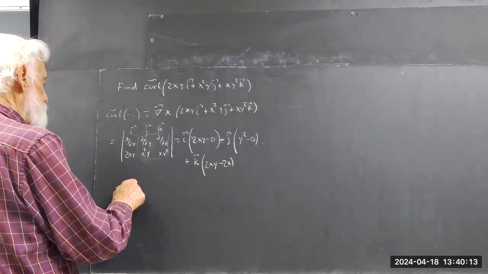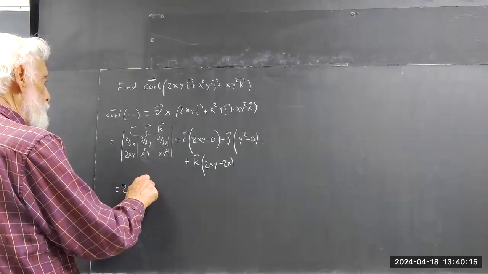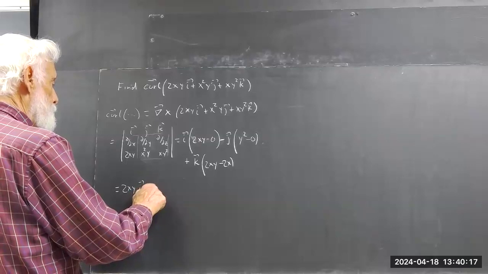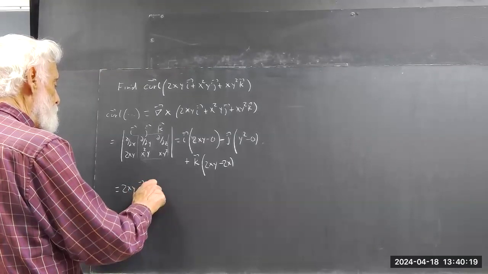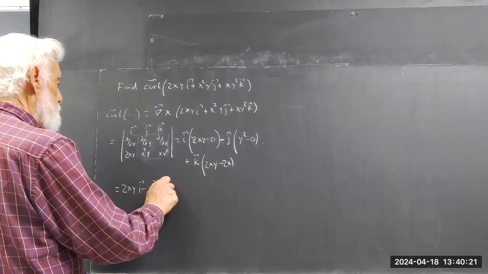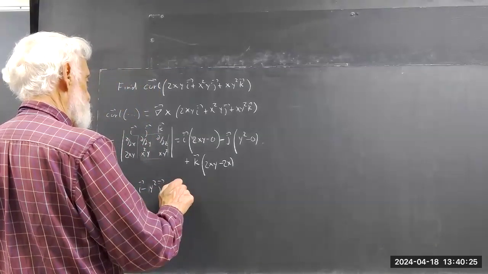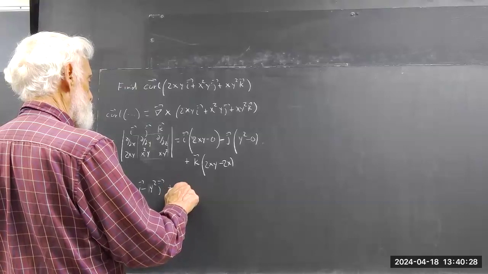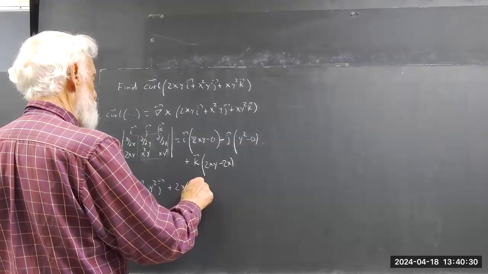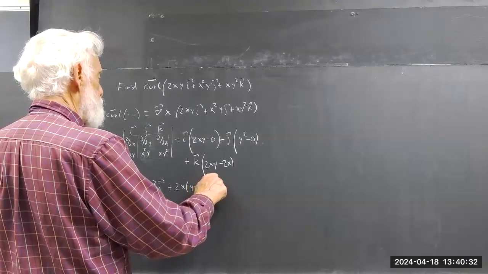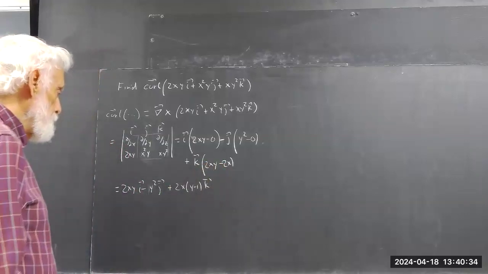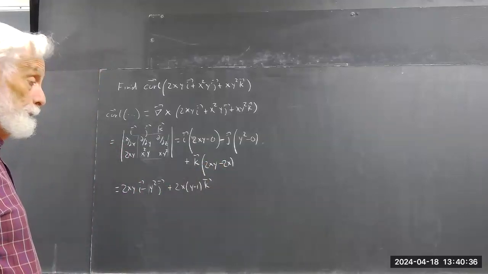So we get 2xy, plus, no, minus y squared j plus 2x times y minus 1 k. Okay.